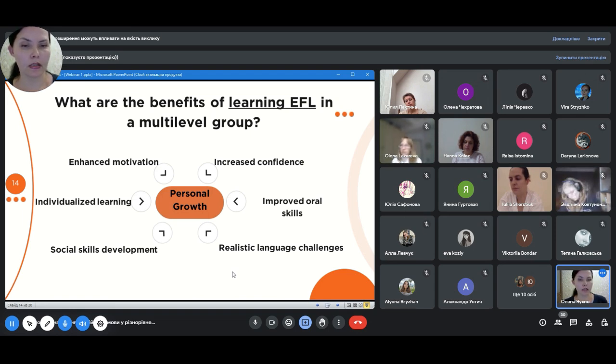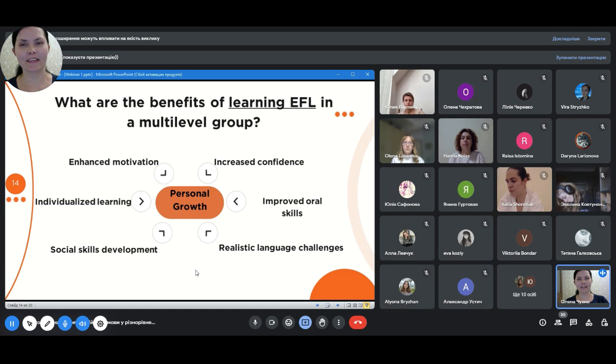And students are challenged with doing the tasks, focusing on realistic language, on the language from natural communicative situations.